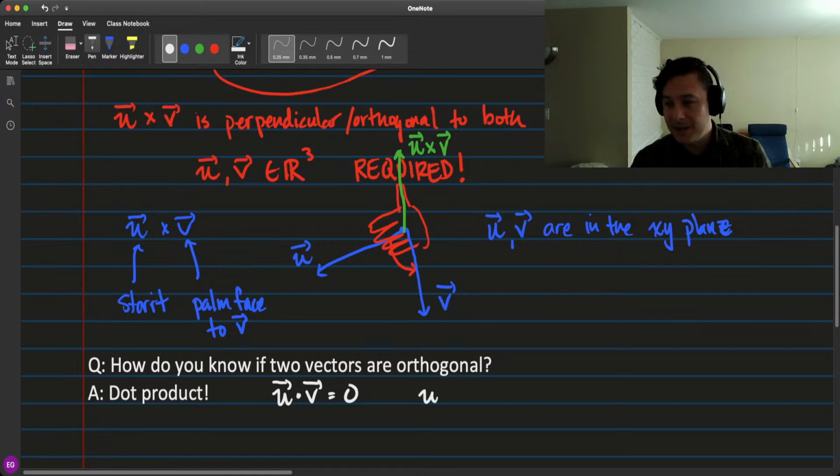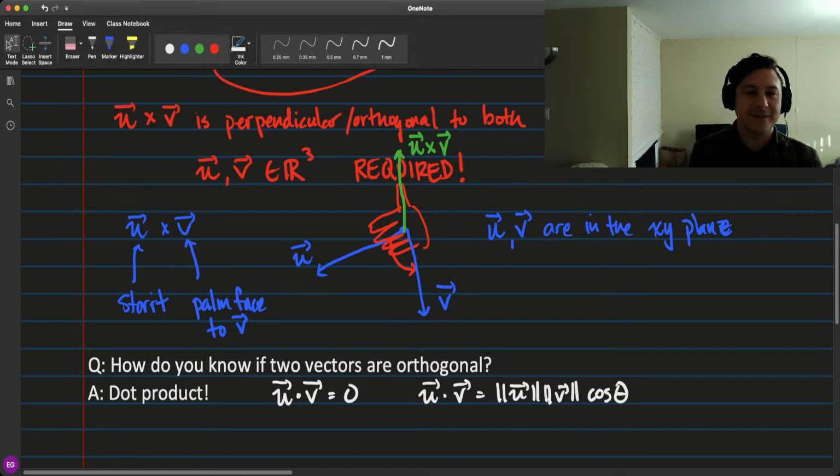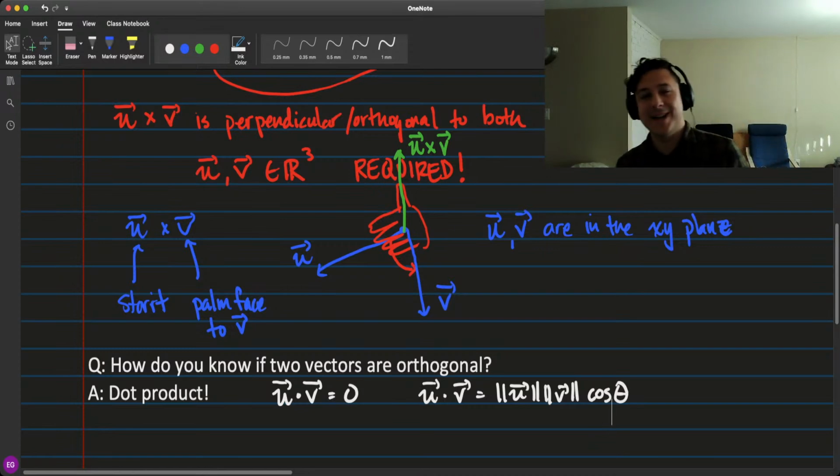Because remember, U dotted with V is equal to the magnitude of U times the magnitude of V times the cosine of the angle between them. You're talking about the angles, the magnitudes, the projections. It's almost there.